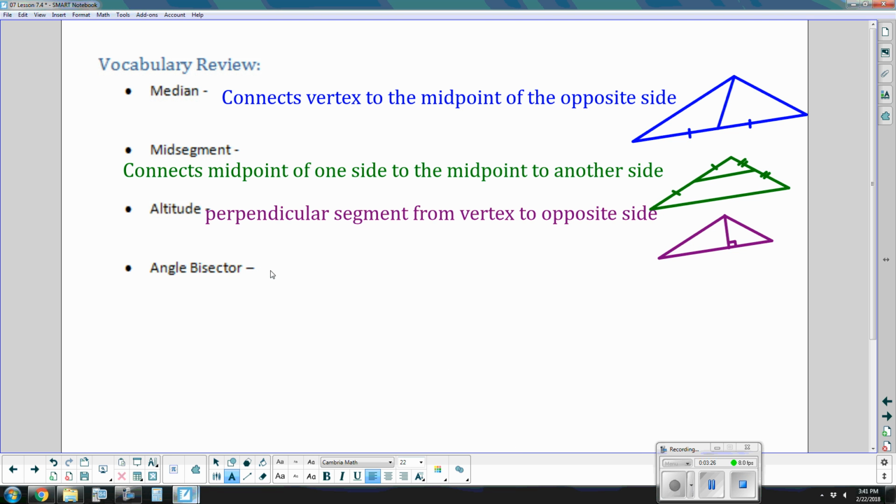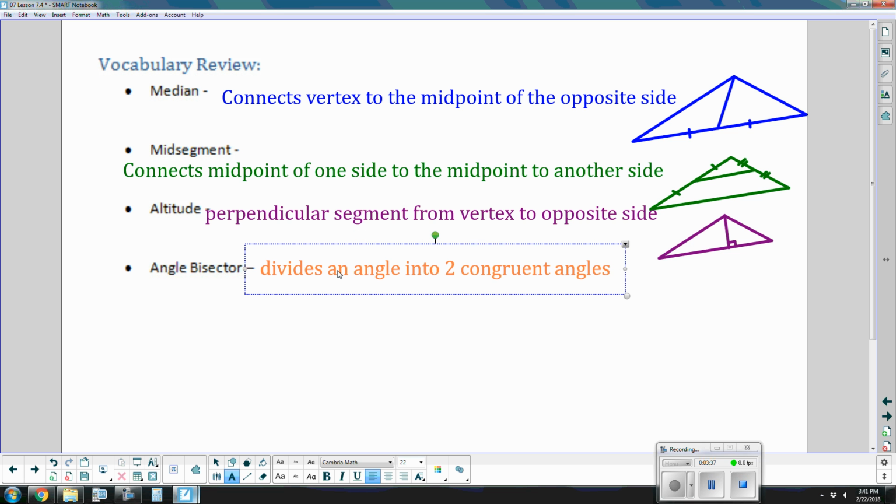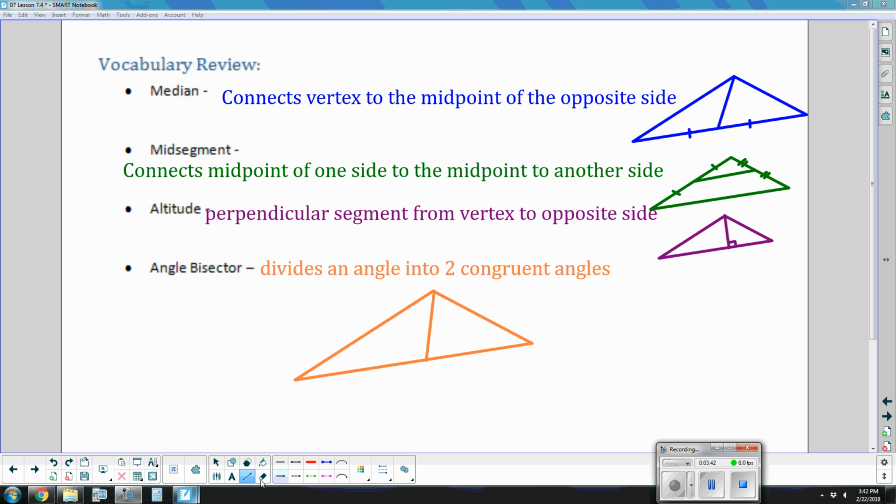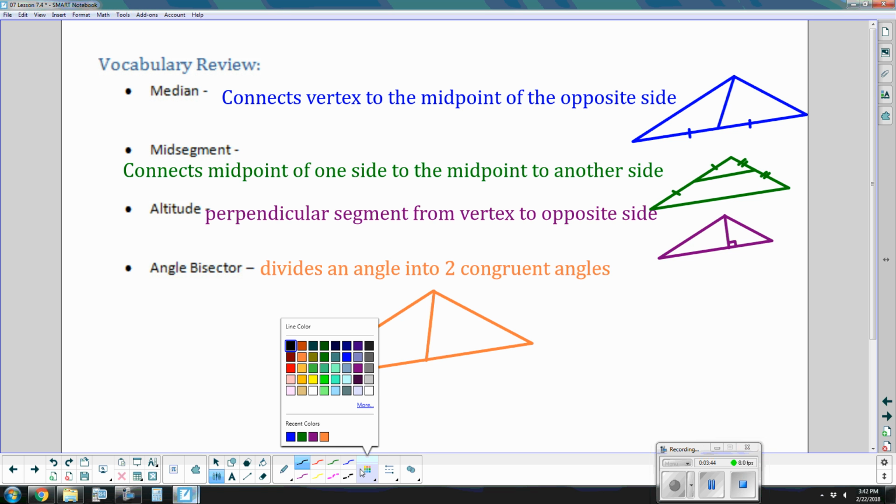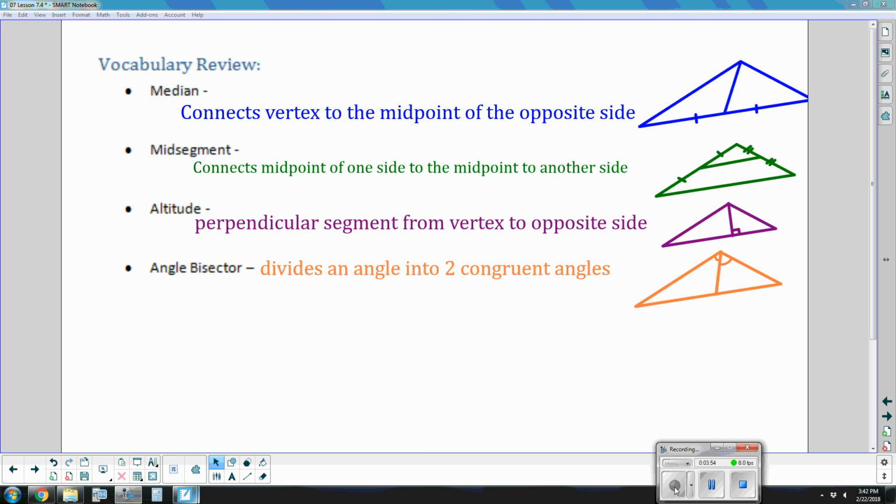And then lastly we have the angle bisector, and an angle bisector divides an angle into two congruent angles. So this segment, our angle bisector, is going to give this angle and this angle congruent measures. So those are our review vocab terms.